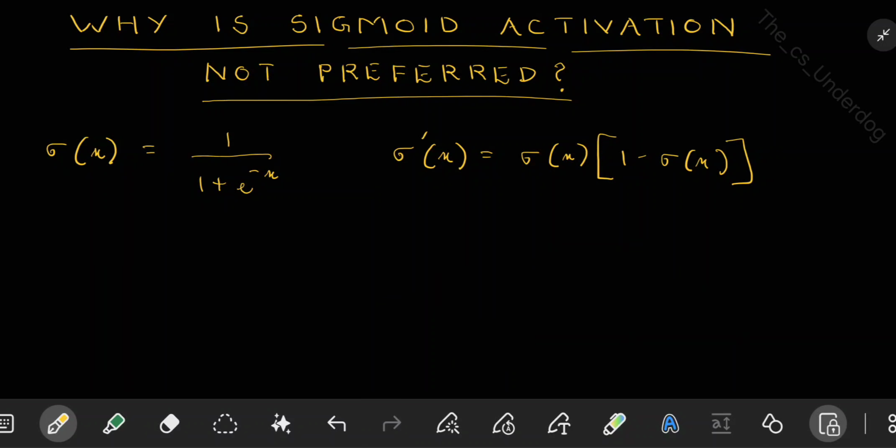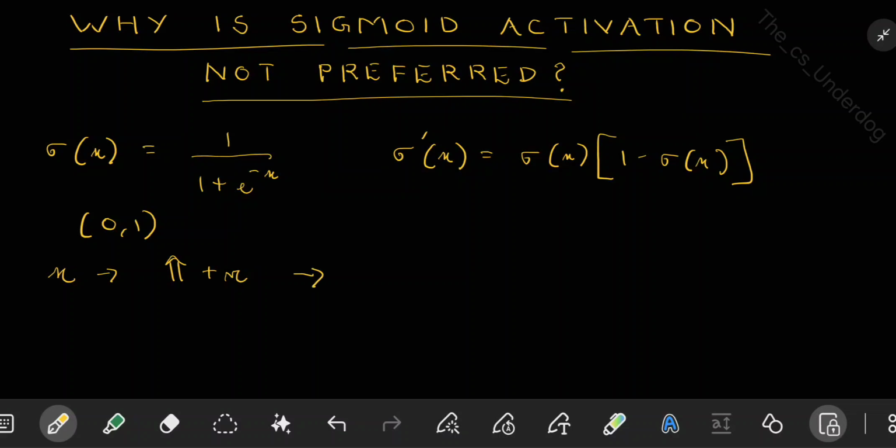Now let us see what happens when you use it in an activation layer and what the negative side is. First thing you want to understand here is what values it will take. You know it will take values 0 to 1, but under what circumstances? Let us say x is a very large positive number.